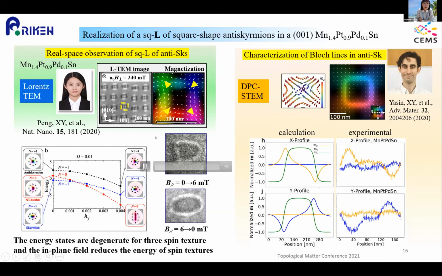In addition to this controlled transformation of antiskyrmion to skyrmion, we also discovered a square lattice composed of square-shaped antiskyrmions. This result agrees well with our numerical calculations, and our simulation also demonstrates that the energy states for the antiskyrmion, the non-topological bubble, and also the skyrmion are in fact degenerate.